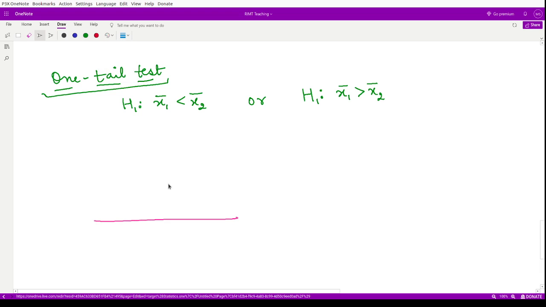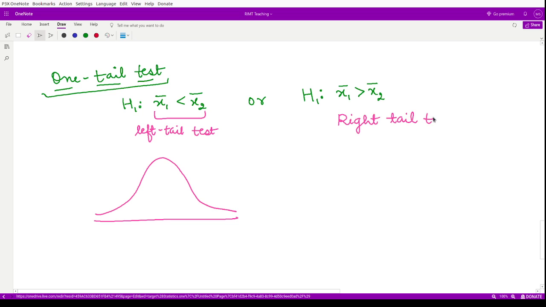So what would be your critical region? Suppose this is the distribution with us, and for this tail, this is known as left tail test, and this is known as right tail test. So here in the left tail test, we say that the critical region lies only in the left tail.